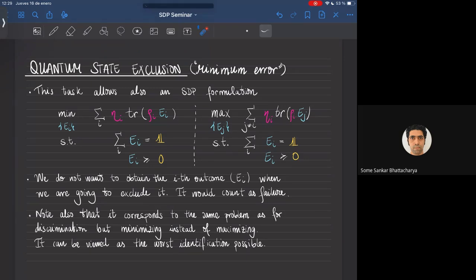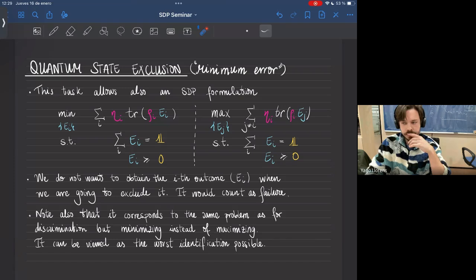So that gram matrix can give you the optimal success probability value or something like that, but it does not give you the optimal measurement setting. Does it give you the actual projectors or the actual elements of the POVM? No, not directly.